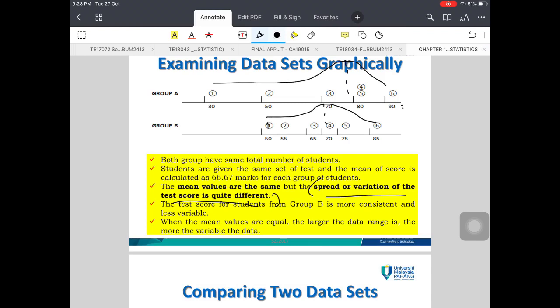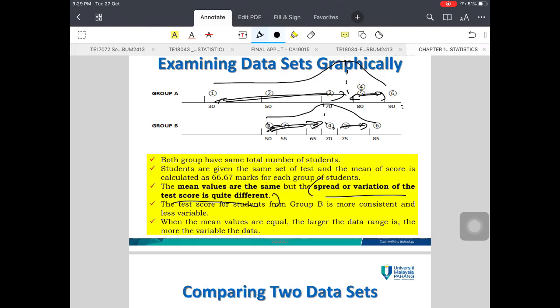This one, for example, is referred to the mode. So this represents the spread of the data. If you have a wider spread, your data will be more dispersed. That is what we can say.